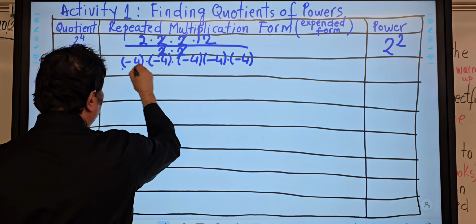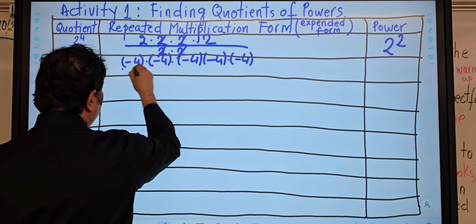The same thing here: we have negative 4 to the 5th power and negative 4 to the 2nd power, and if we subtract the exponents, 5 minus 2 becomes 3. The same thing for 7 to the 7th power divided by 7 to the 3rd power. If we subtract 7 minus 3, we get 4.